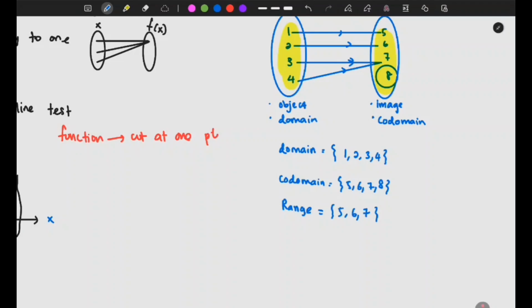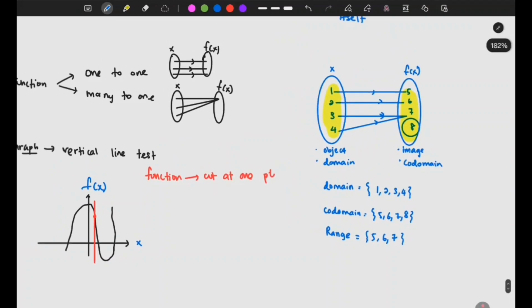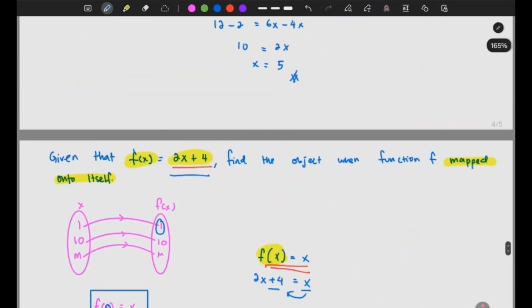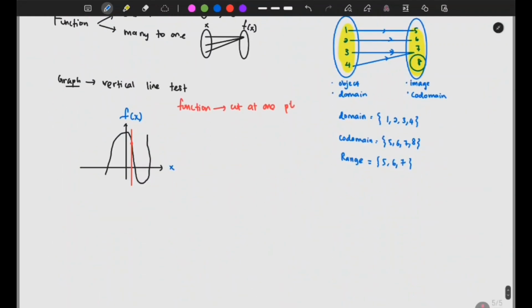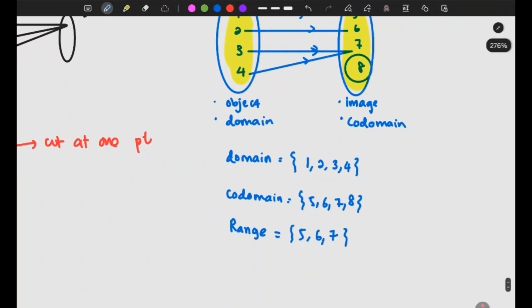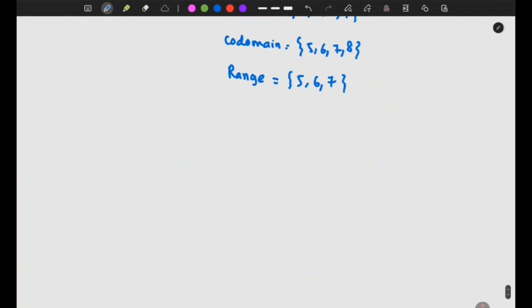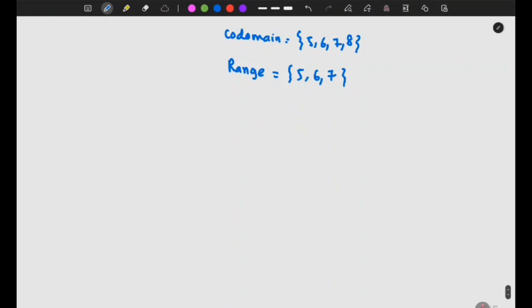And what else did we cover today? Quite a lot. Function. Remember, we also can represent this in the form of a graph. Remember I told you, one is the arrow diagram, second is using a graph, but we don't draw a line, we just plot. My bad.